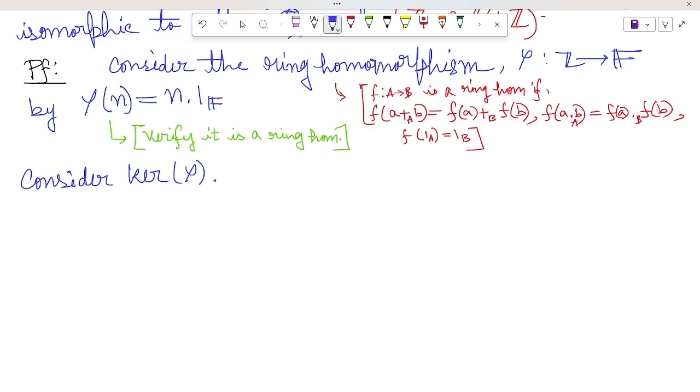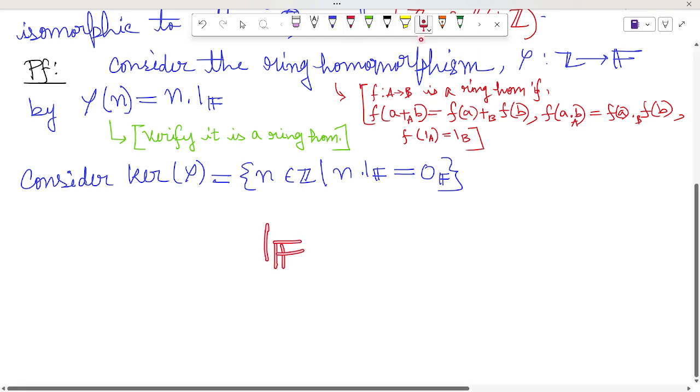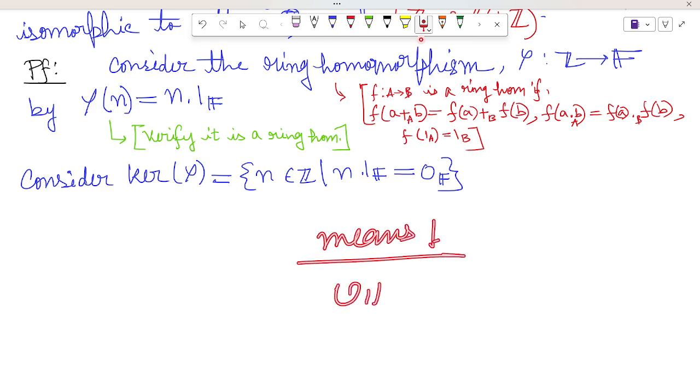The kernel of phi means all those n belonging to Z such that n times 1_F equals 0_F. I will sometimes not write 1 of F; 1 of F means 1, and 0 of F means 0.